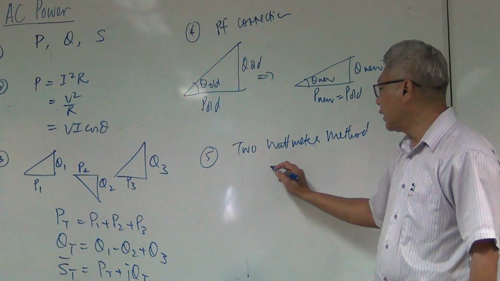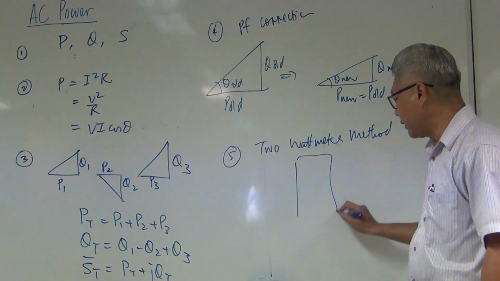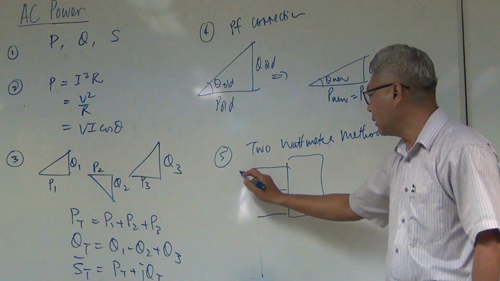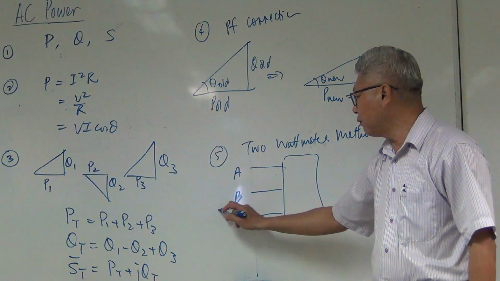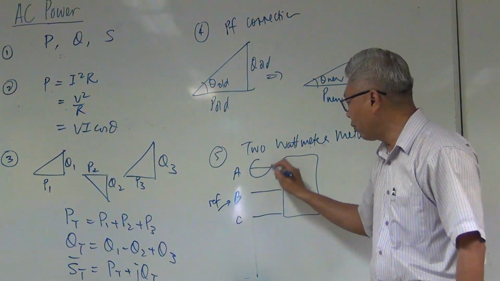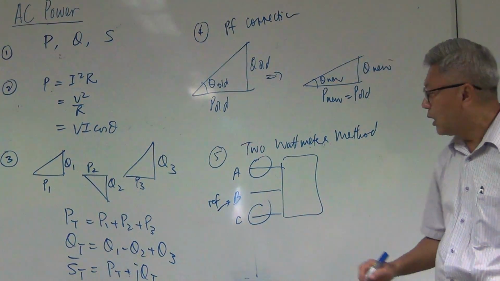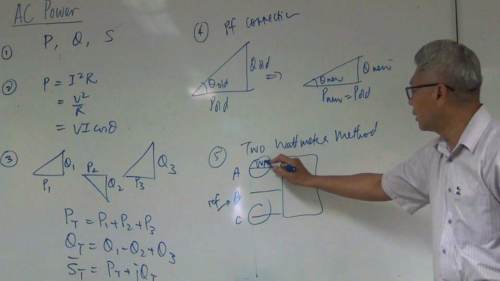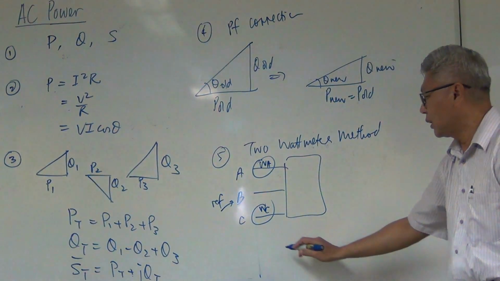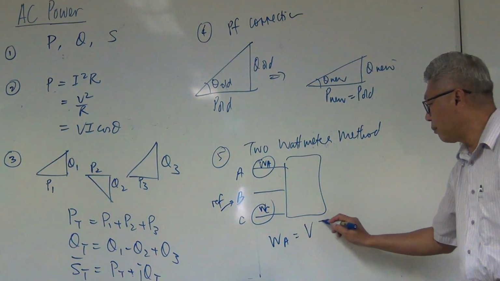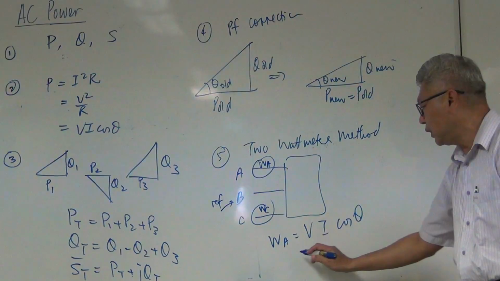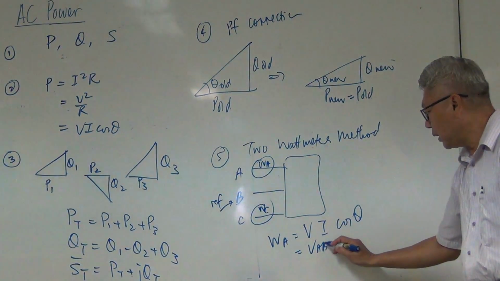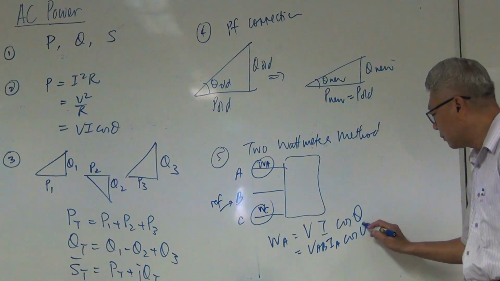Right? Where you use one of them as a reference. So you have A, B, and C. If I use this as my reference, then my wattmeter is here, the wattmeter is here. So what is in my WA? And what's in my WC? Right? Can you do your mathematics correctly to say this is VAB, IA cosine theta?